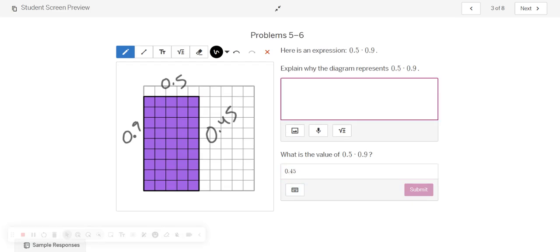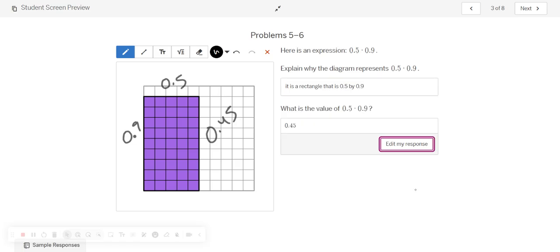Up here, explain why it's a rectangle. We're going to be looking at a bunch of these today, and it is a rectangle that is 0.5 or 5/10 by 0.9 or 9/10. And that's exactly what I'm seeing in that picture, and that's how it works out.